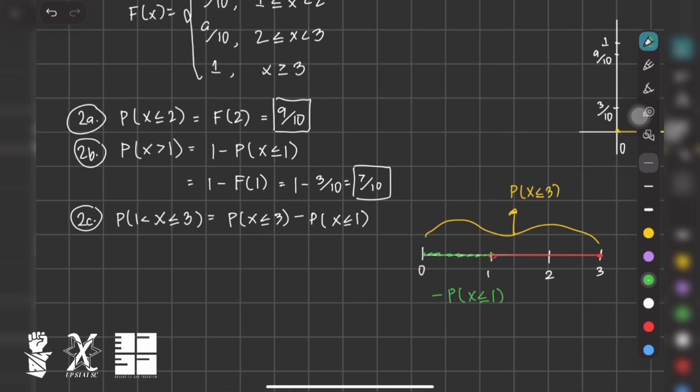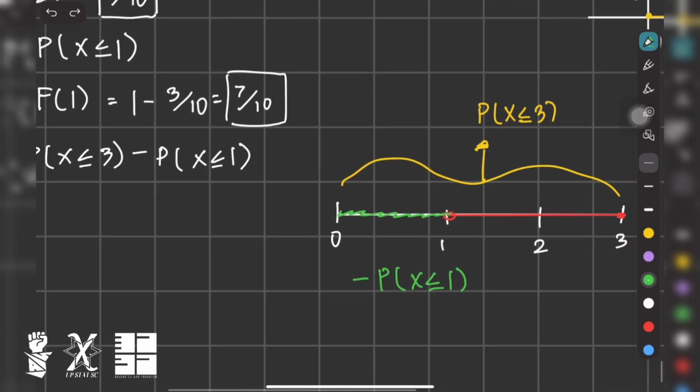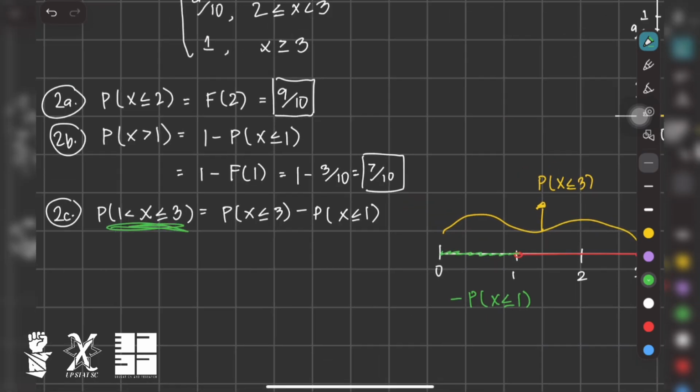Why does it need to be equal to 1? Because our goal is to not include x equal to 1 here, so we remove it.